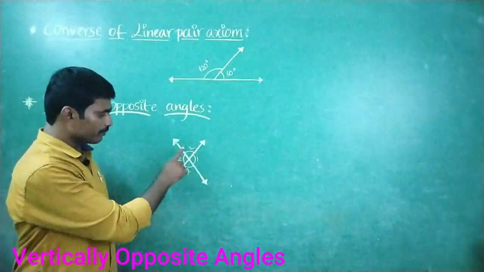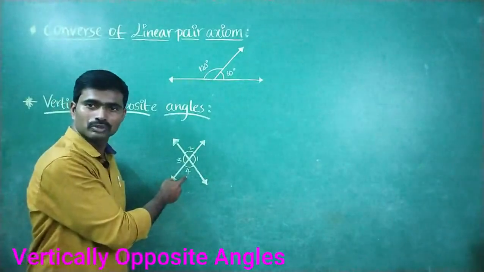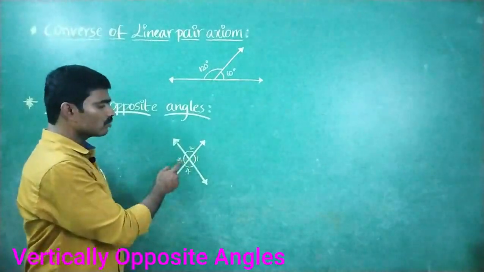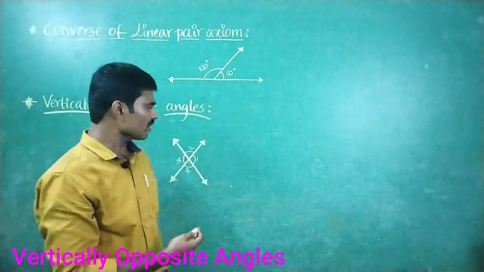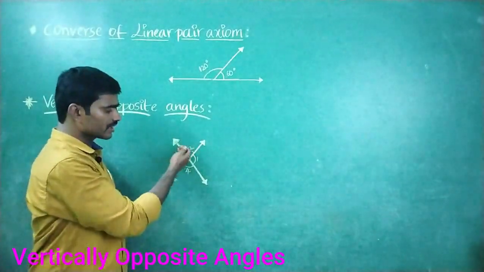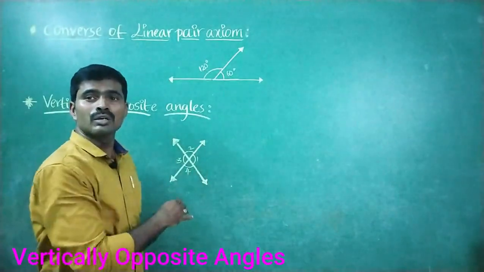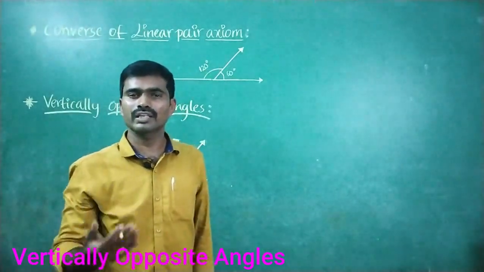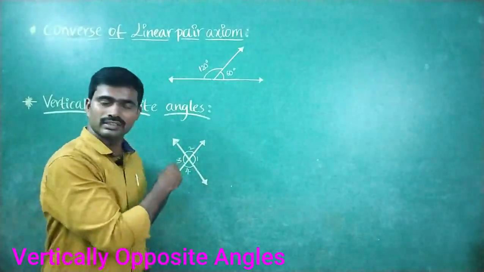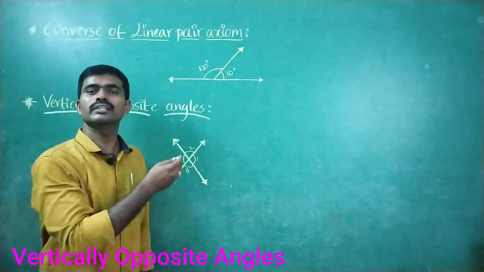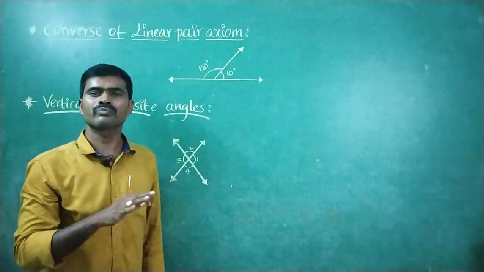So the pair 2 and 4 are vertically opposite angles, and the pair 1 and 3 are vertically opposite angles. If two lines intersect at a point, then the vertically opposite angles are equal.